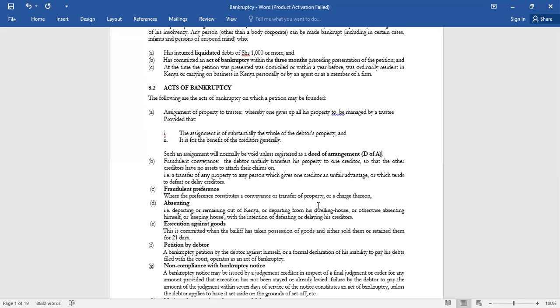Then 4, absenting. So departing or remaining out of Kenya or departing from his dwelling house or otherwise absenting himself or keeping house with the intention of defeating or delaying his creditors. There are some Kenyans, when they owe you, suppose they were living, let's say, in Huruma, they'll just shift and go to the other side of the valley.